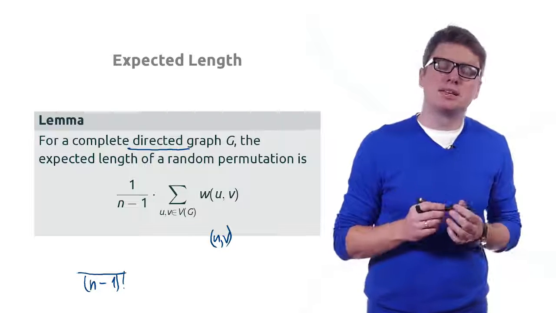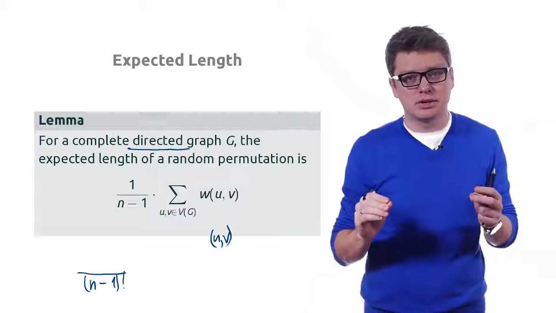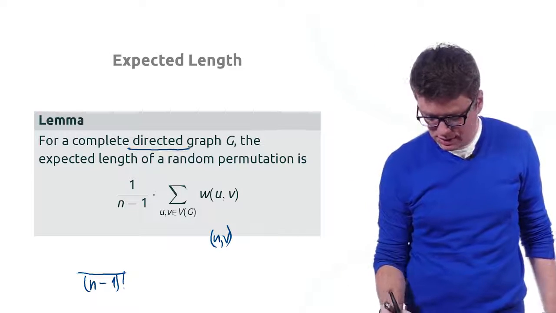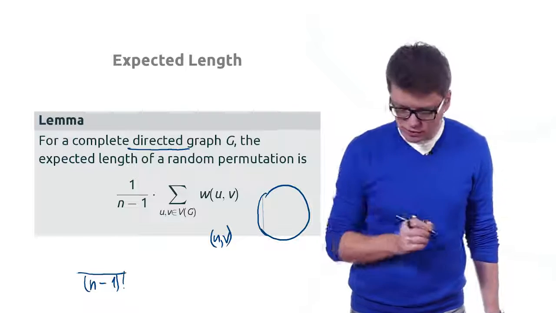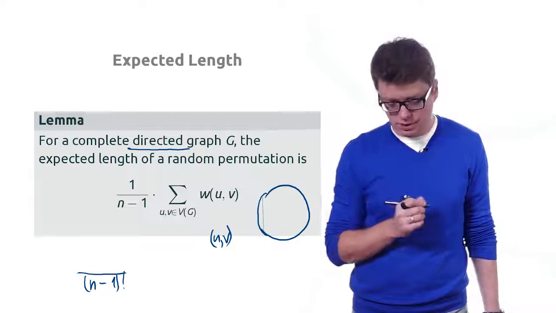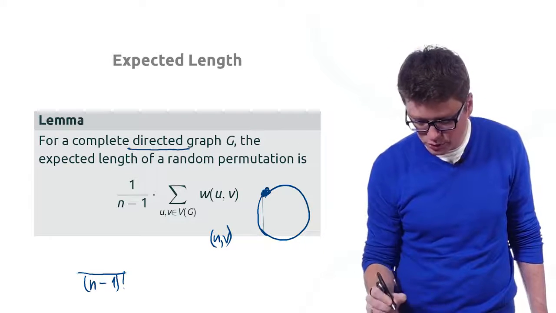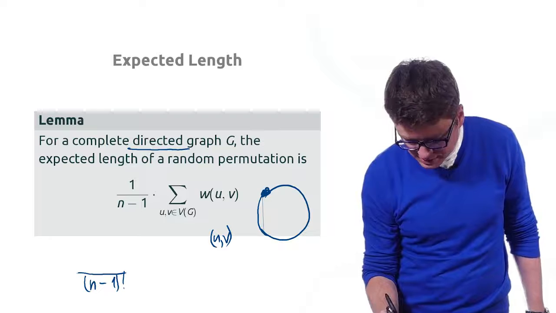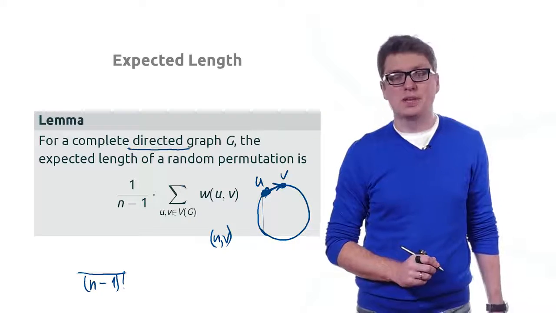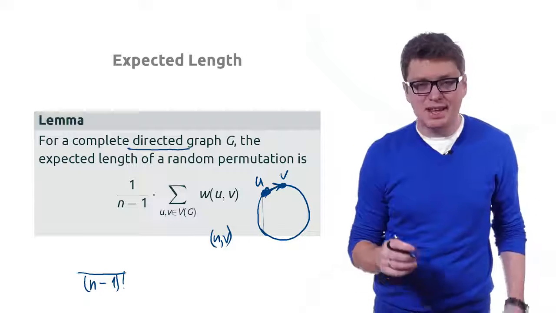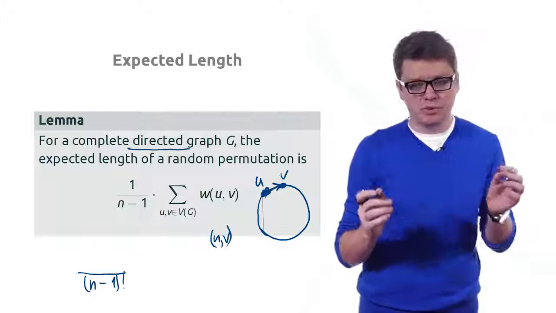Since, as you remember, we have a cycle, we are free to select its starting point. So let's just assume that U is the starting point of this cycle. And since it has vertex V here, we know that there is U and V here. And for all the remaining nodes, we are free to select any particular permutation.